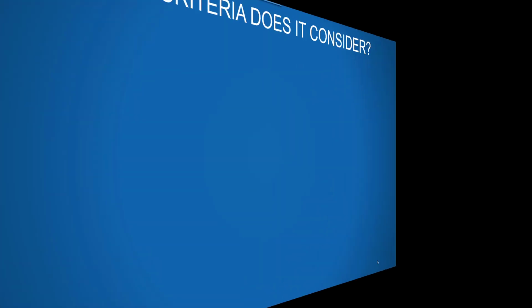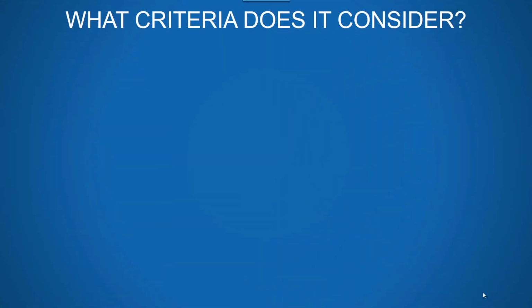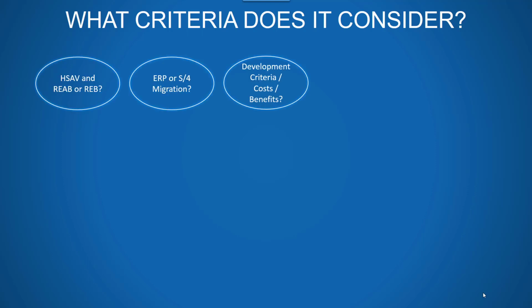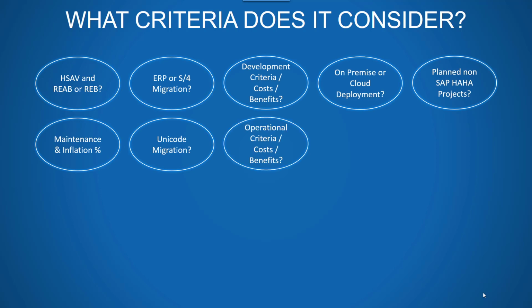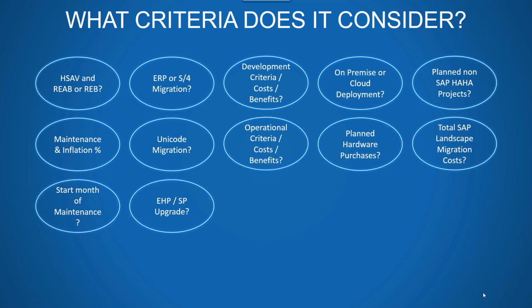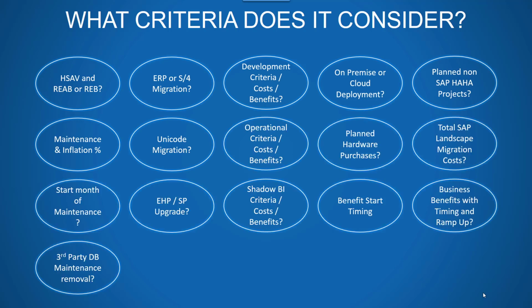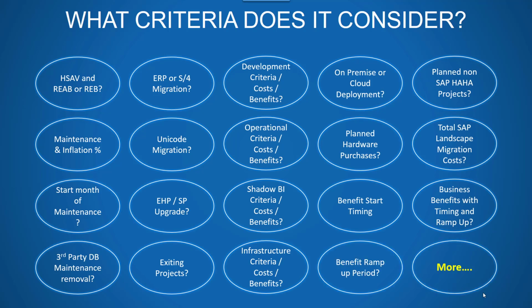So on the output of this, it will consider a whole series of different criteria, because we found over time that there's a lot of factors that one has to consider when moving to HANA. What you're seeing coming up on the screen at the moment is a series of what we call variables in the model, where we try to factor in what are the factors that influence the total cost of ownership.